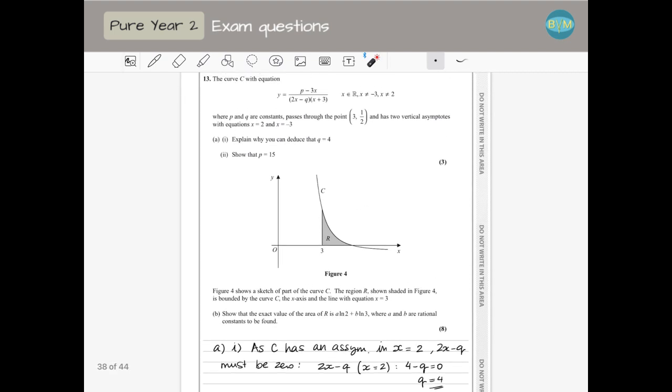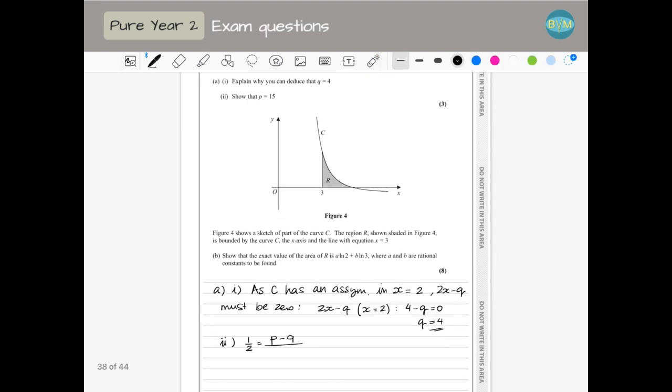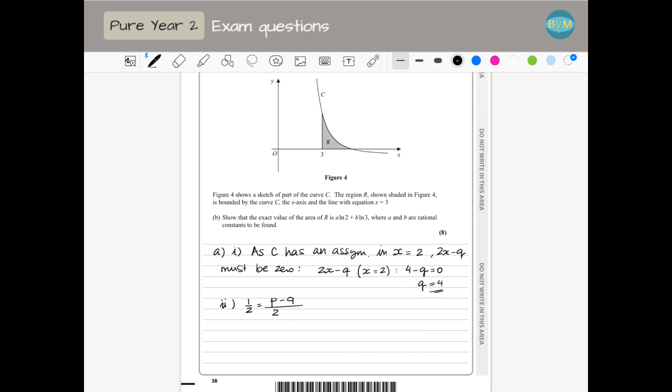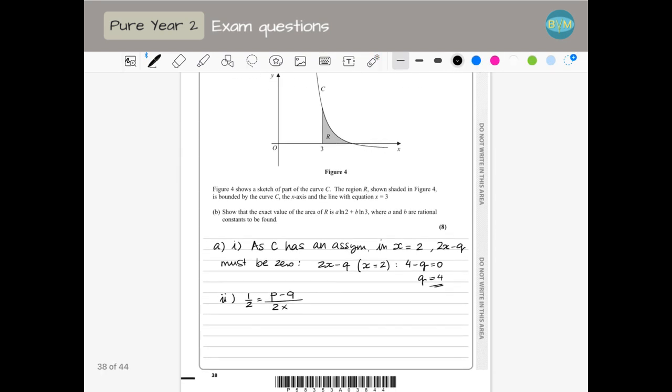And in the denominator, I know that q is 4. So when x is 3, I have 3 times 2, 6. 6 minus 4, 2. So this first bracket is 2. And the second bracket, when x is 3, is 3 plus 3, 6.